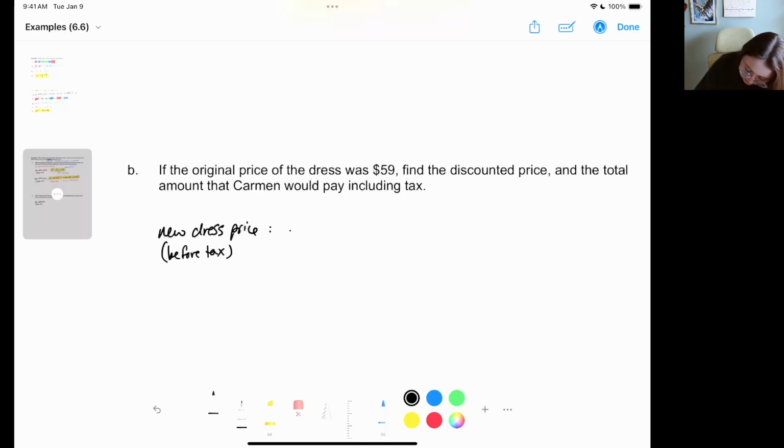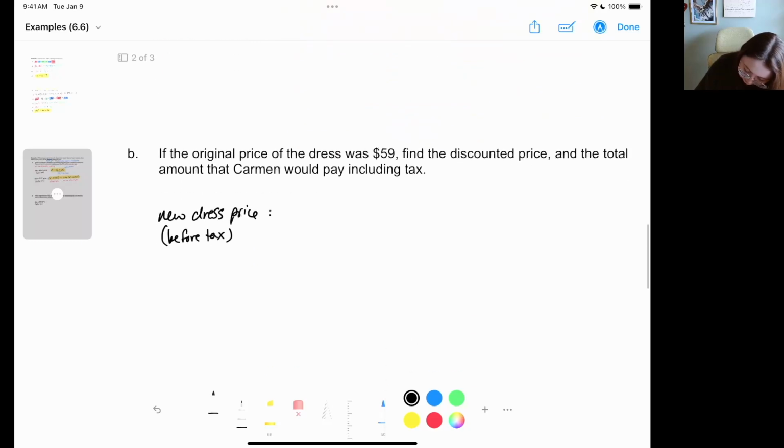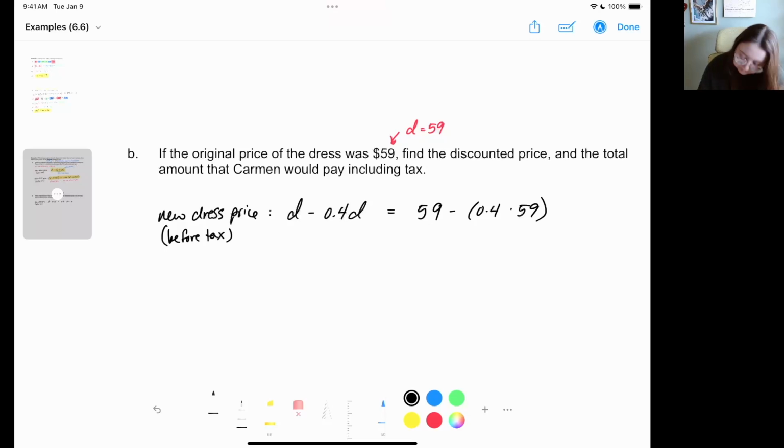like we said, was going to be D minus 0.4D. So since we're saying that D is 59, we'll have 59 minus 0.4 times 59.